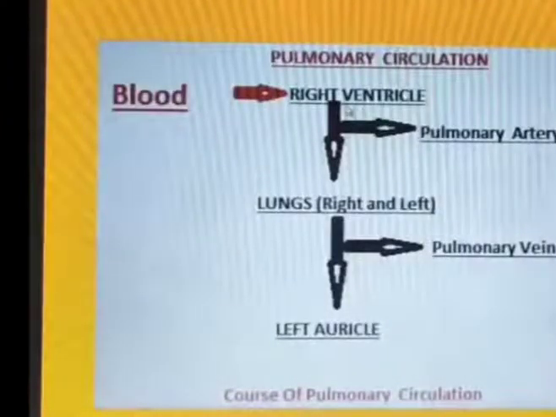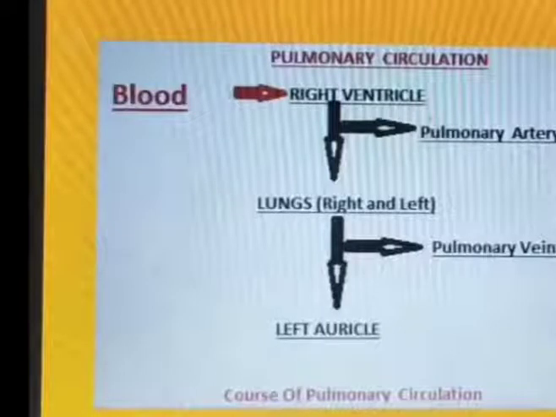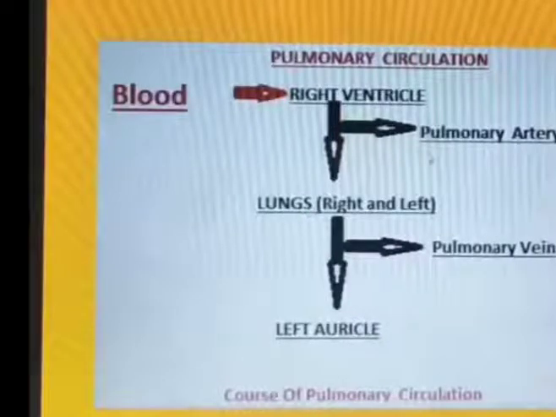See, here, as I have discussed, two circuits are operating. One is pulmonary circulation and another is systemic circulation. Now, pulmonary circulation, you see, from the right ventricle, blood is conveyed to the lungs through the pulmonary artery.